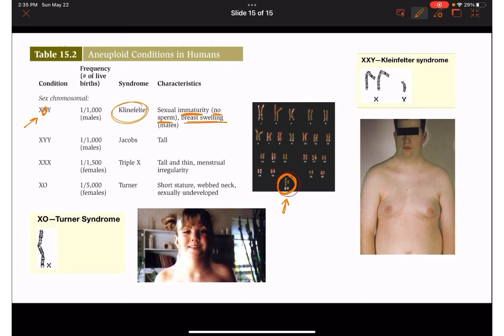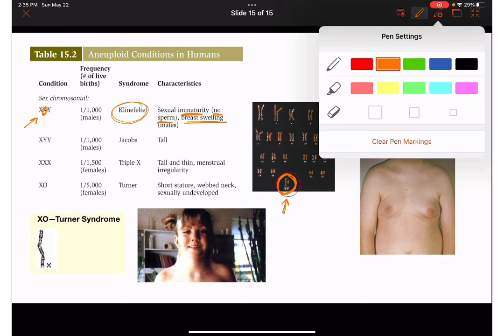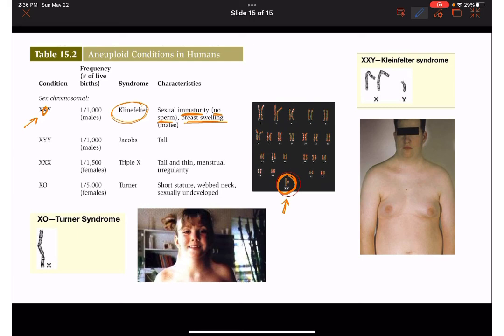In females, so females have an XX sex chromosome, and if you get triploidy there with an extra X chromosome, then that can result in what's called triple X syndrome. And the consequences there can be menstrual irregularity.